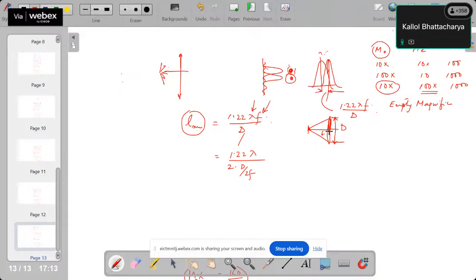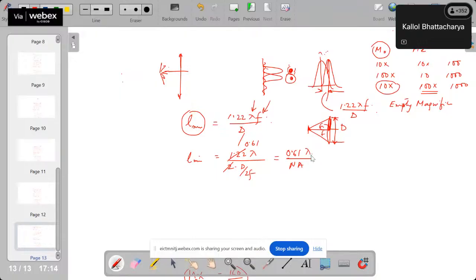So if you take this to be f, then d by 2f we can approximate to be sine theta, and of course the numerical aperture will come in. So this becomes 0.61. The minimum resolvable distance for a microscope objective is equal to 0.61 lambda by numerical aperture.